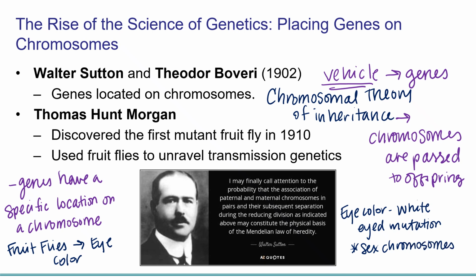Again, we'll talk about this experiment later, but this was important because Sutton and Boveri said our genes are located on chromosomes, and then Morgan supported it and said, yes, and here's why. Here's where one specific one is located, on a specific chromosome. So he was able to support their theory.